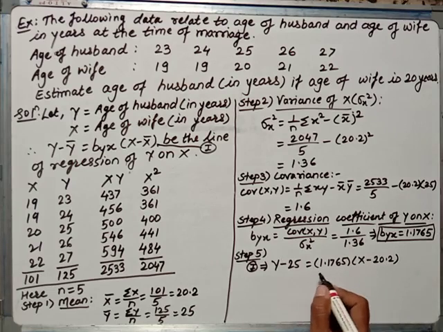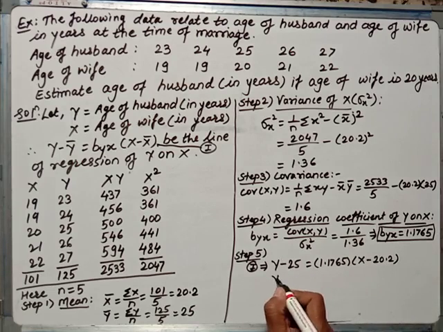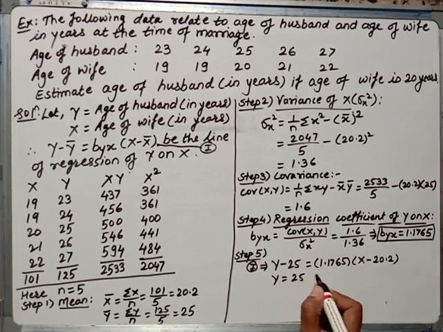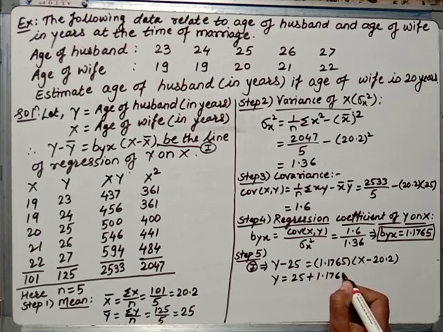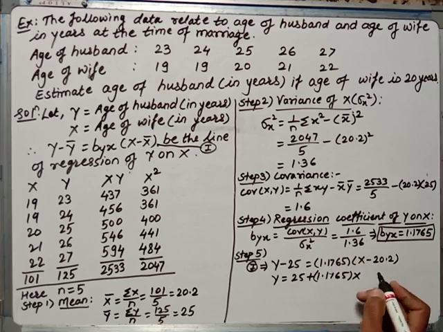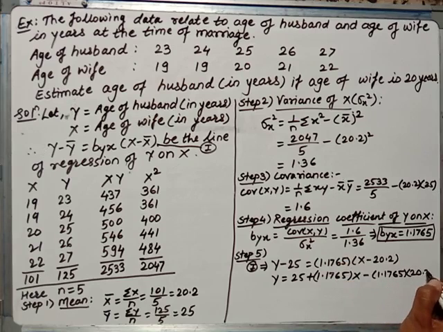So how can we simplify it? Y is equal to 25 added to this side, plus 1.1765 times x, minus 1.1765 into 20.2.